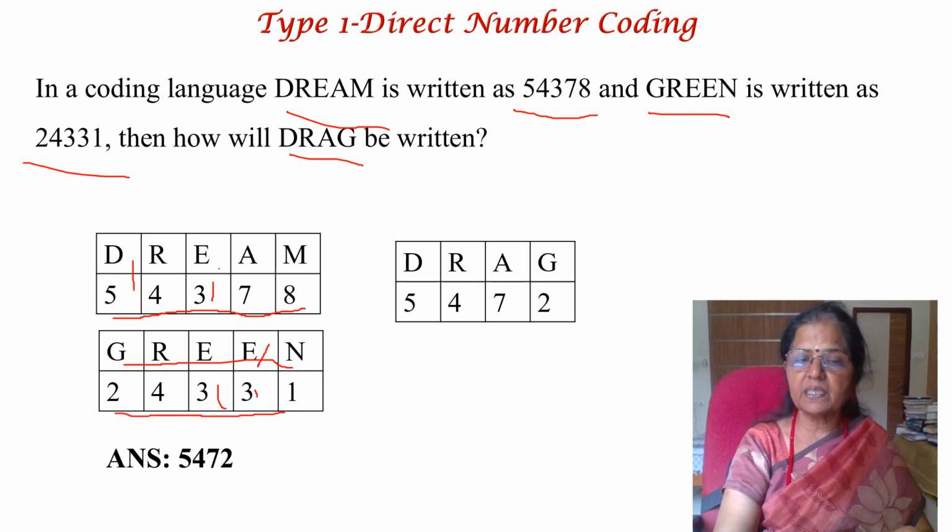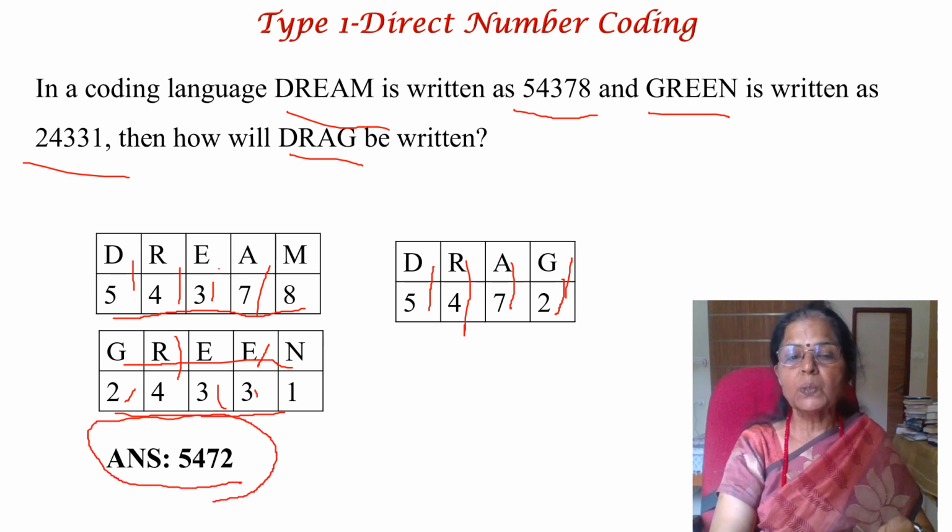See wherever the letters occur. The code for D is 5. You can take the alphabets from both samples. D is written as 5 and R is written as 4 in both. A is written as 7. And for G, the code is 2, so write 2 under G. So the answer is 5472: the word drag is written as 5472.